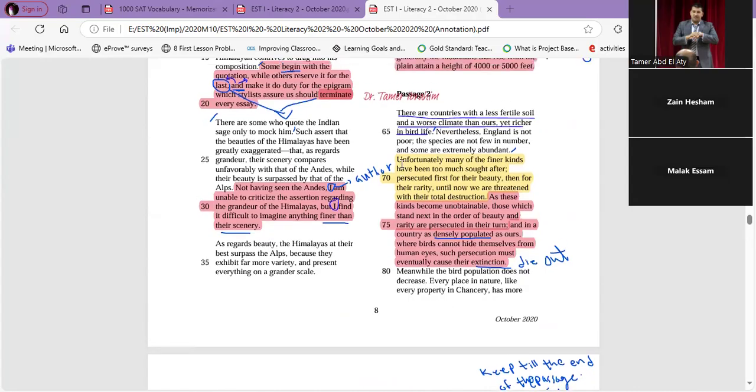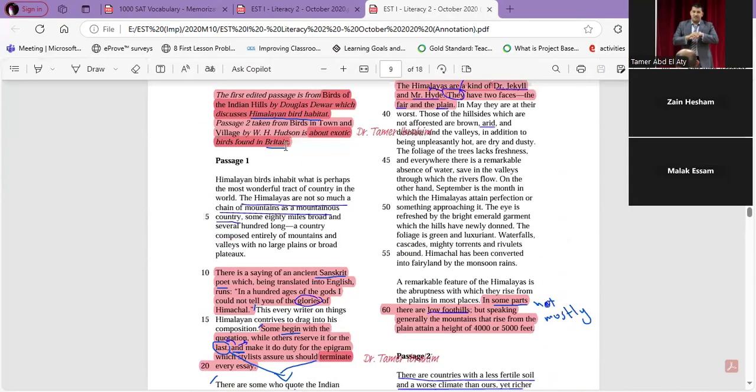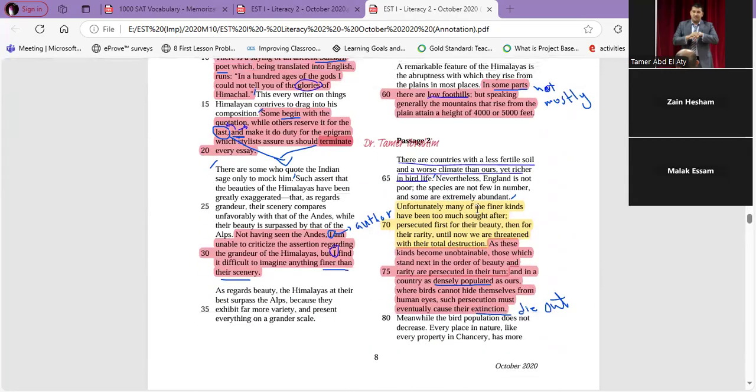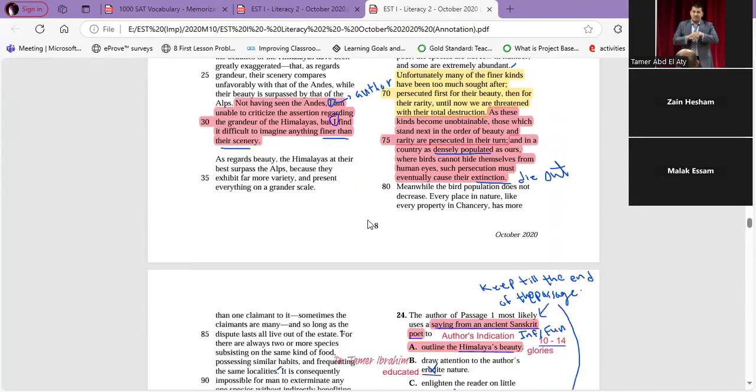Take care, we're talking about England, birds in Britain. So what he said is that there are countries with a less fertile soil and a worse climate than ours, yet richer in bird life. Okay, let's go to the last sentence.